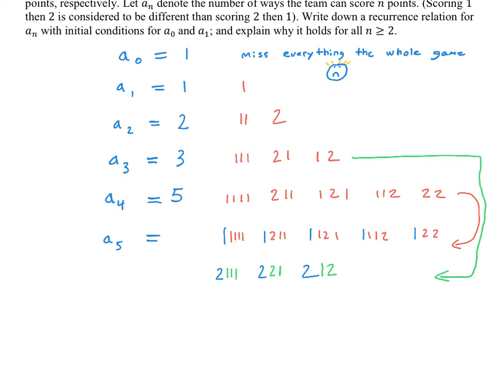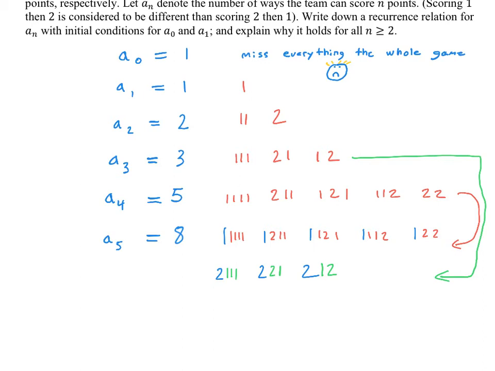Now, because above we counted all of the ways of scoring 3, below we have all the ways of scoring 2 and then 3 afterwards. And we have all of the ways of scoring 1 and then 4 afterwards. So all of these are all possible ways because we have gone through every single case. So there are 8 possibilities.